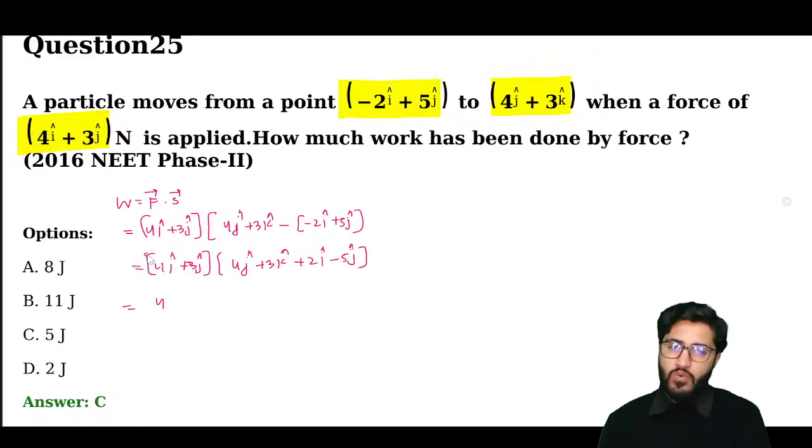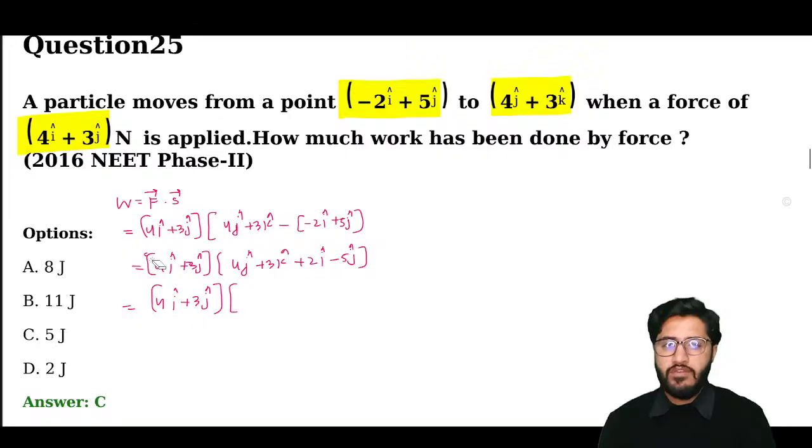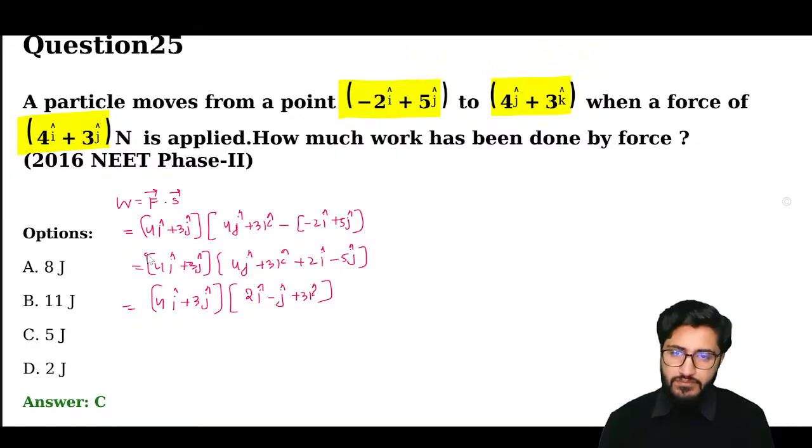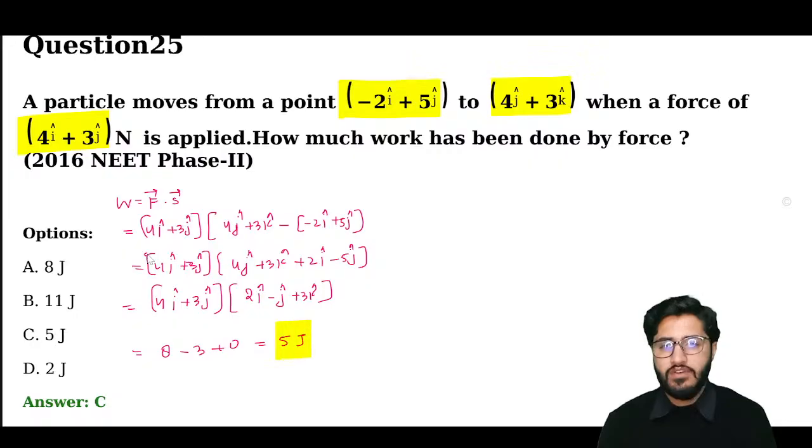So I can write 2I cap, then 4J minus 5 is minus J cap, and 3K cap. Arranging in order, I will write 2I cap minus J cap plus 3K cap. Now the dot product: 4 into 2 is 8, 3 into minus 1 is minus 3, and K gives 0. So 5 joule is the answer. Option number C is correct.